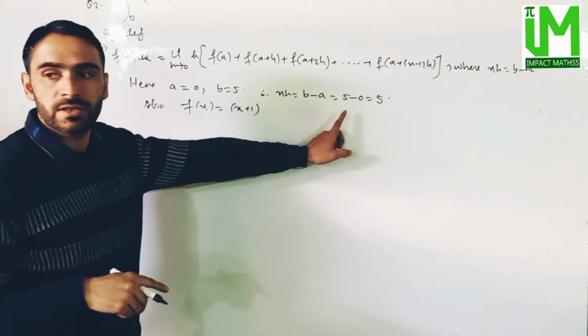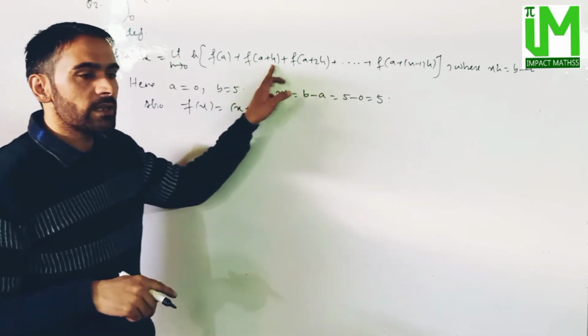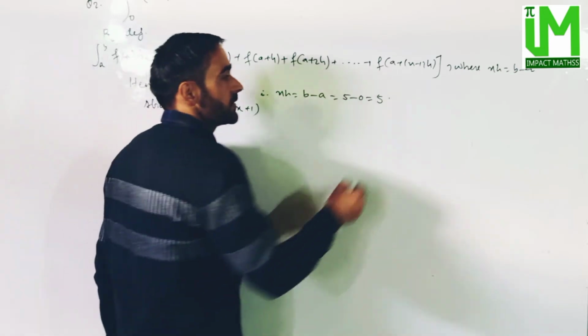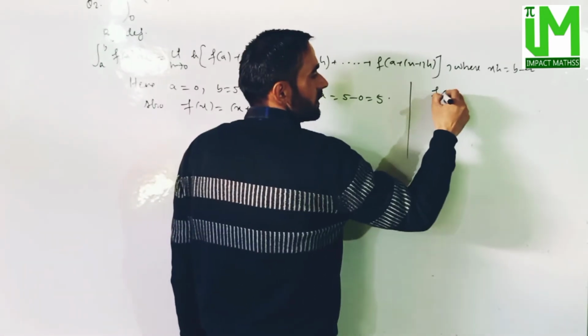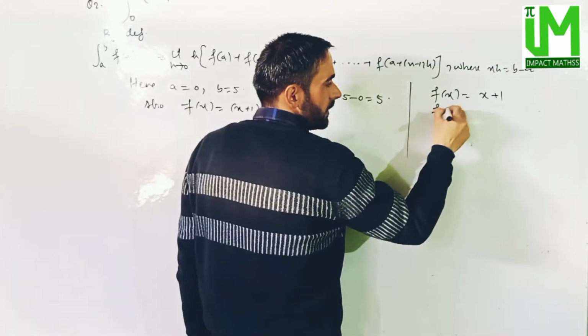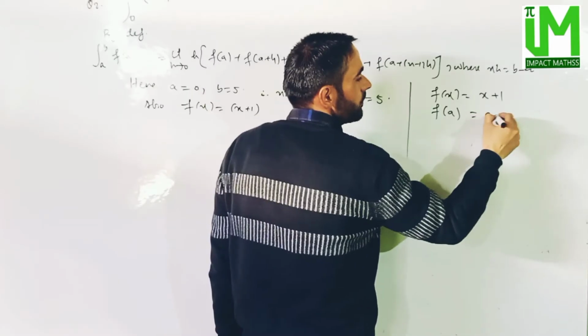We have to find the value of f of a plus h, f of a plus 2h, f of a plus (n minus 1) into h. Here f of x is equal to x plus 1. What will be f of a? यहाँ x की जगह a replace होगा, so it will be a plus 1.